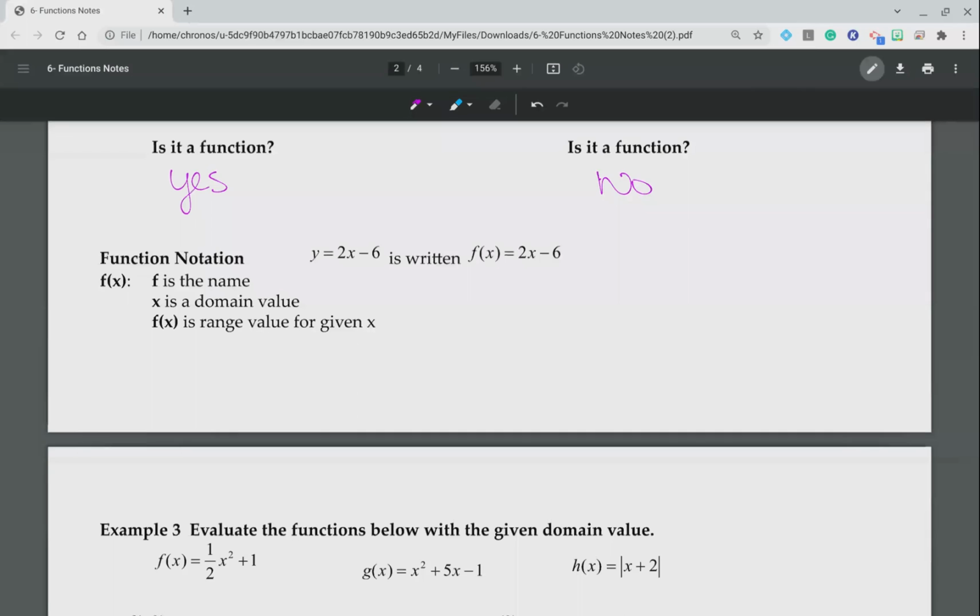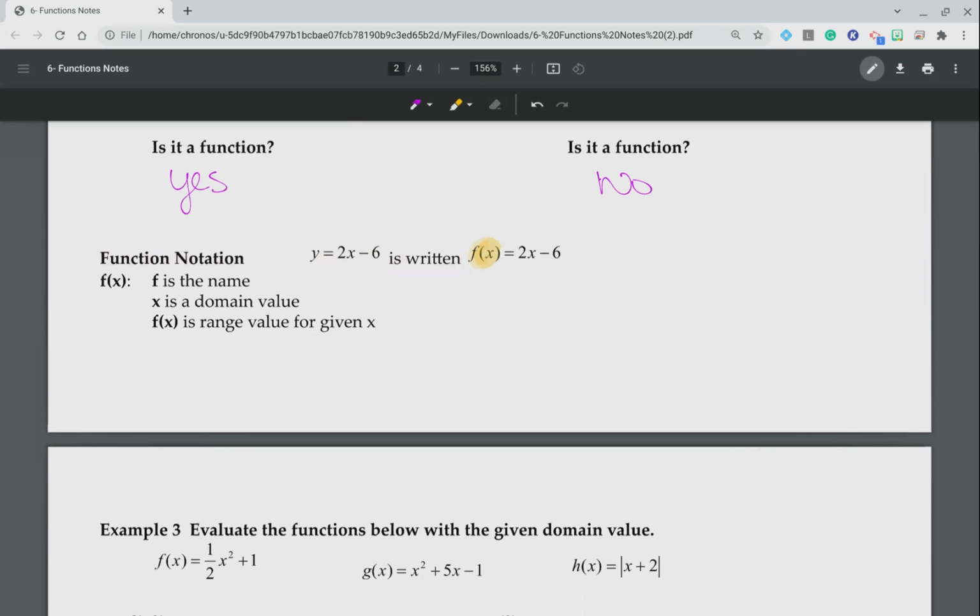Now, function notation is just like writing something in the form y equals mx plus b. But instead of the y, they substitute that with an f of x. And that's called function notation.